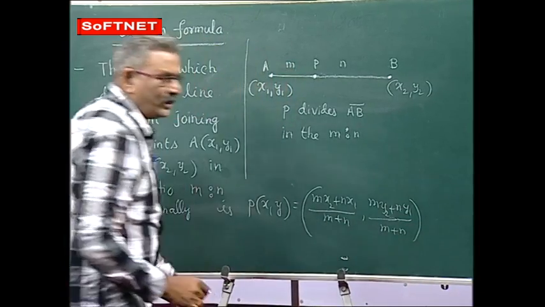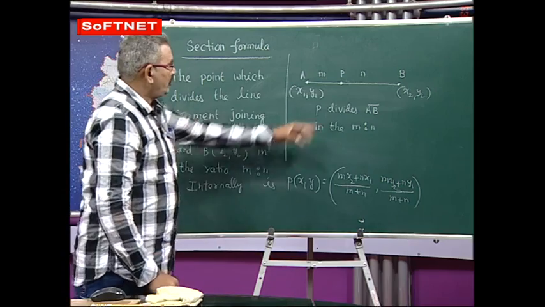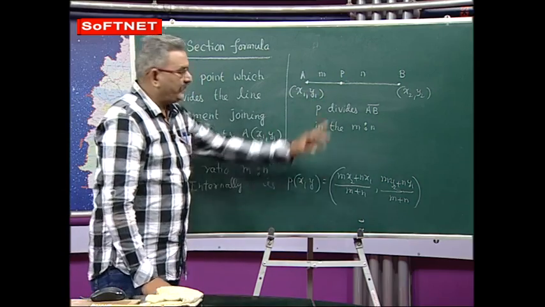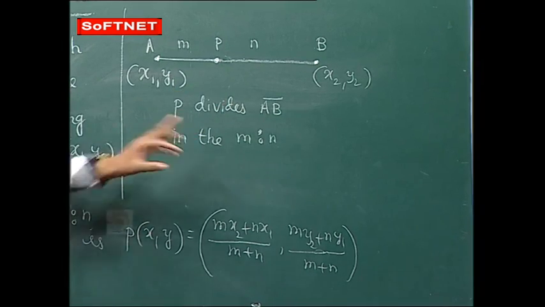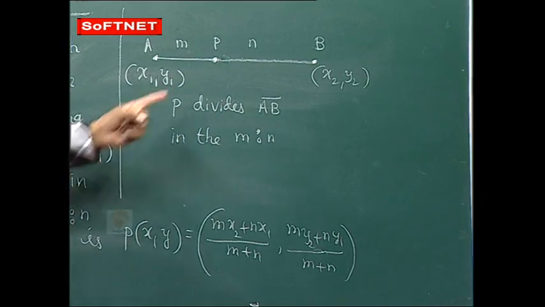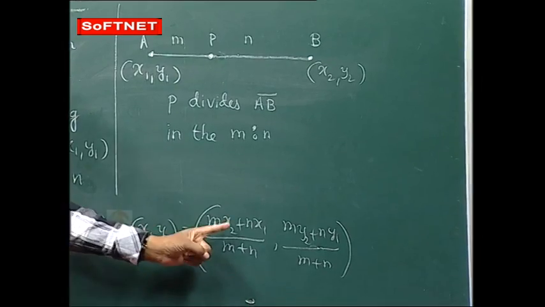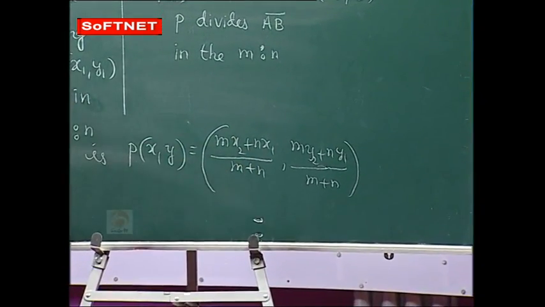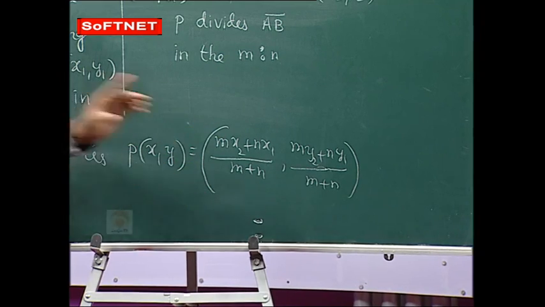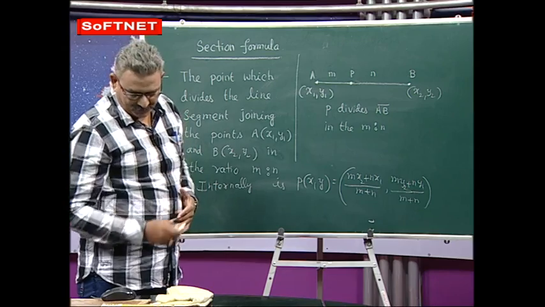This is the formula to find out the coordinates of P. Here P divides the line joining the points AB in the ratio m:n. The P internally is given by mx2 plus nx1 by m plus n, comma my2 plus ny1 by m plus n.